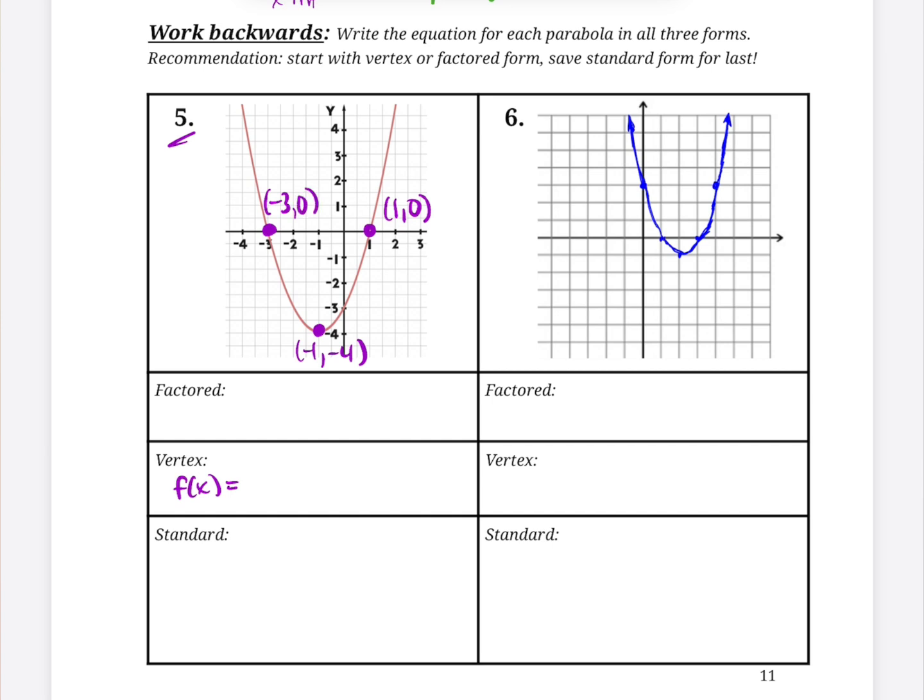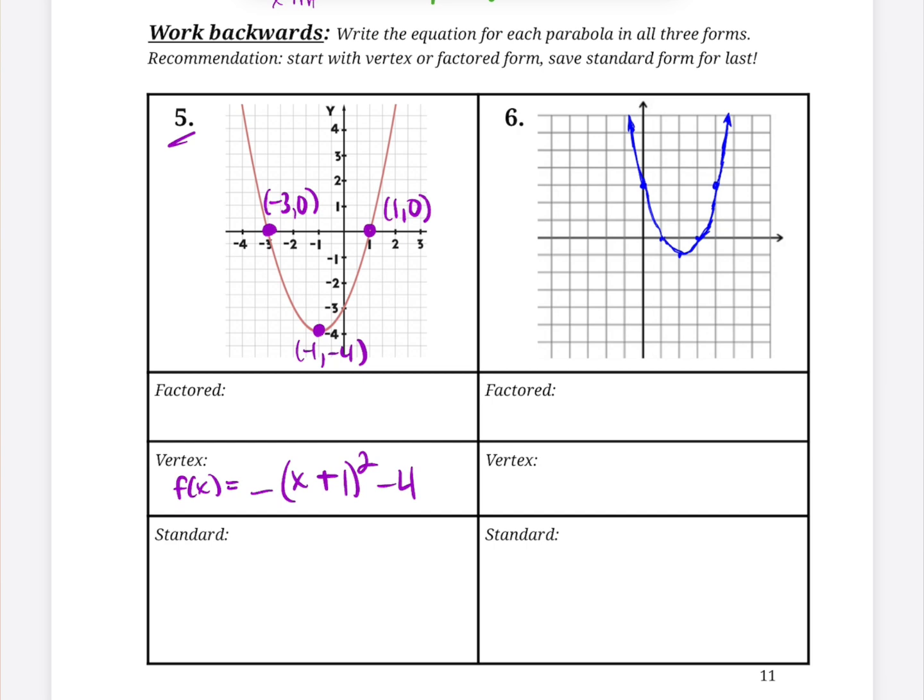I could write something times x plus 1 squared minus 4. And if you're wondering why I changed that to a positive, it's because technically this is x minus -1, which switches it to a positive. So that's why, in summary, this is a positive 1.